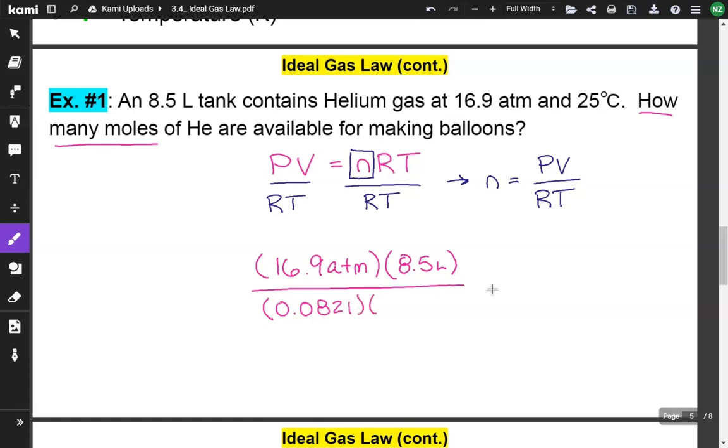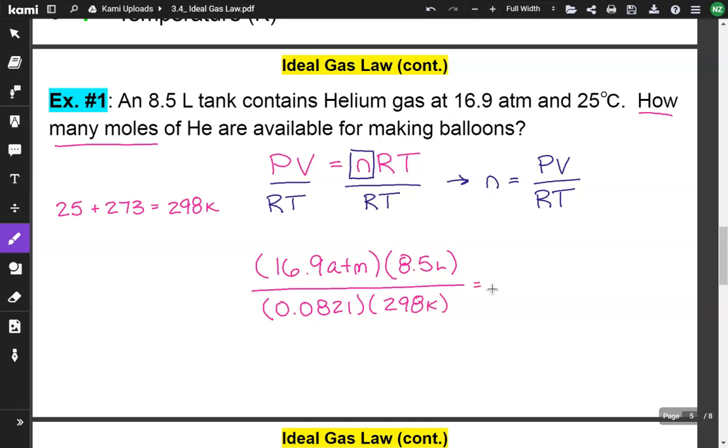And then finally, we have our temperature. Now, it's in Celsius, and we need our temperature to be in Kelvin. So 25 plus 273 will give us our temperature in Kelvin. So that will give us 298 Kelvin. So again, we always want to make sure that we're converting to Kelvin. So 298 Kelvin.